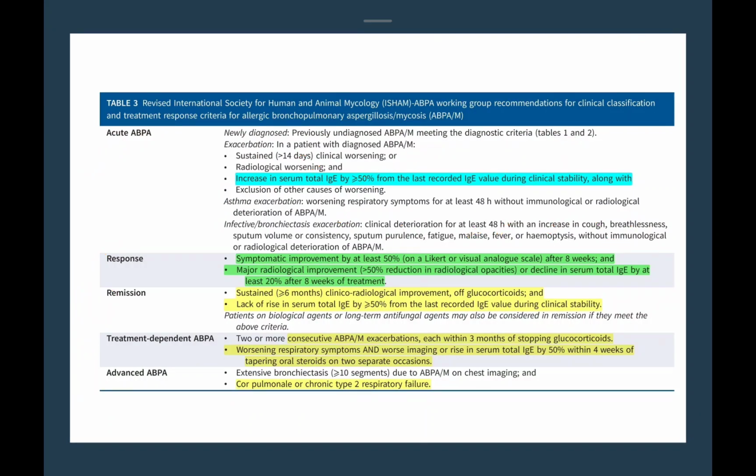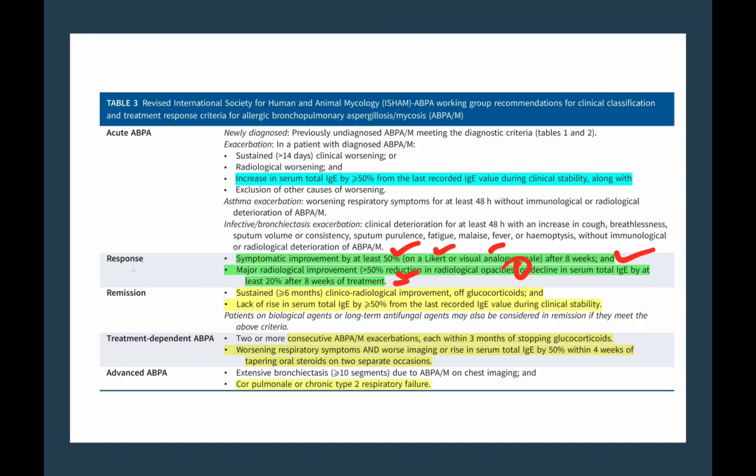Now coming to the response, after we start treatment. If the patient has improvement in symptoms by at least 50%, assessed using a Likert or visual analog scale, and 50% improvement in the radiological response, or decline in serum total IgE by 20% after 8 weeks.